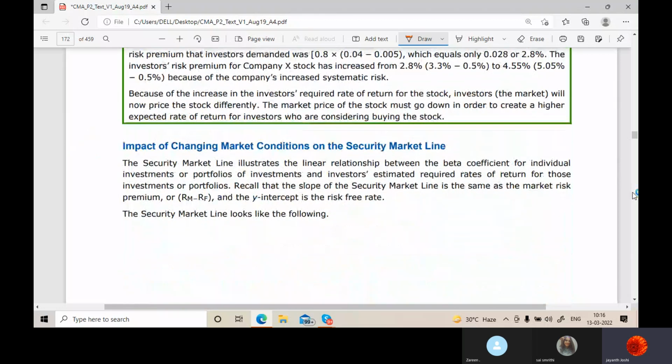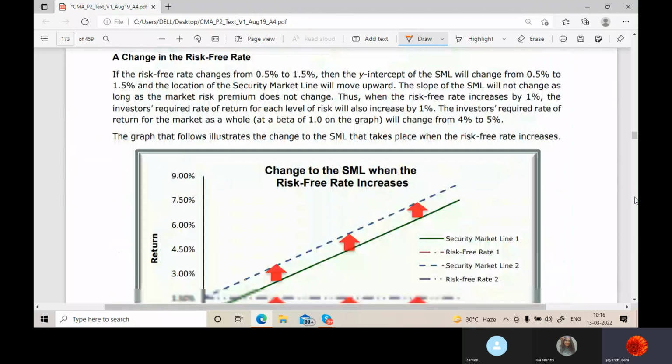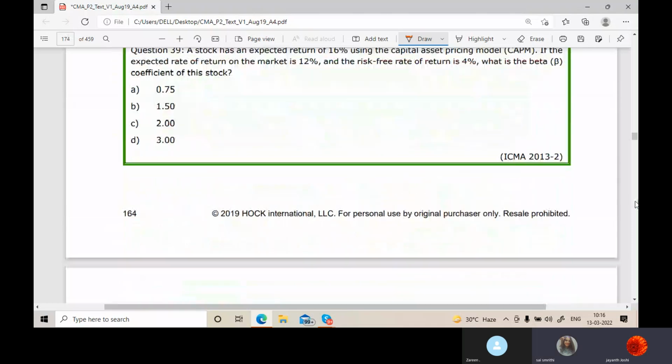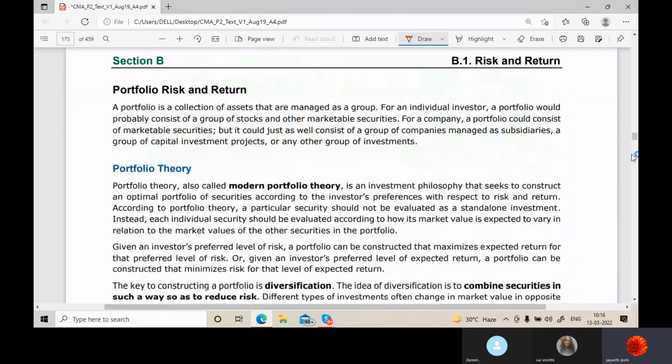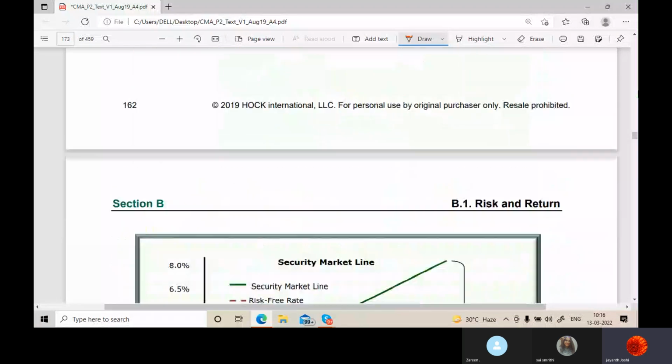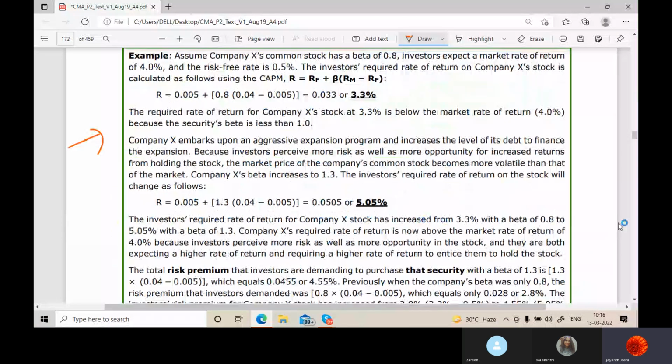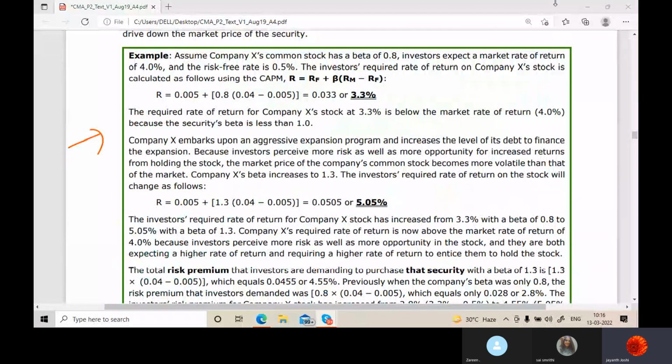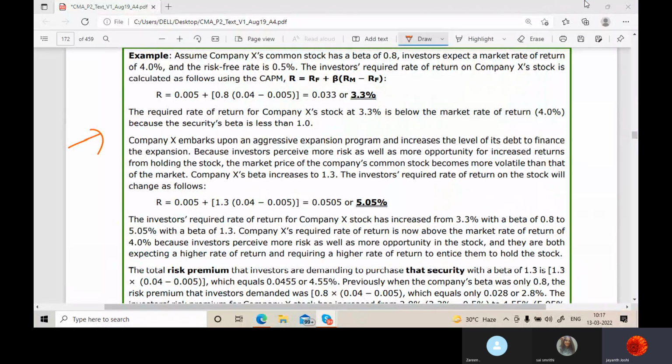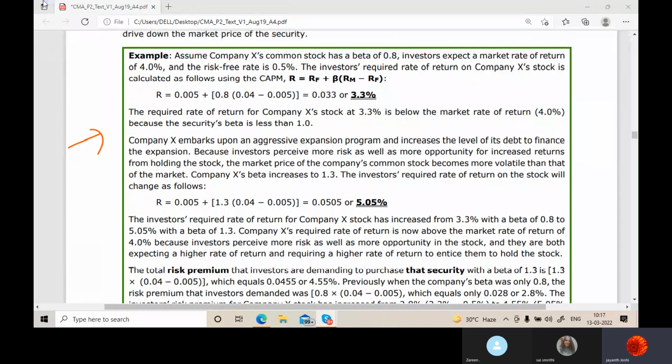Then I'll explain the graph. Come on, just read this. Do this CAPM question. I'm waiting, come fast. And you should explain to me what is happening in this. The basic thing happening here, I'll ask you. Just do this.